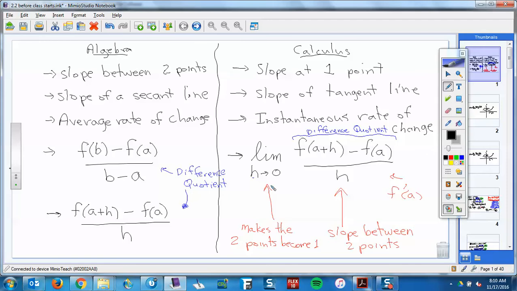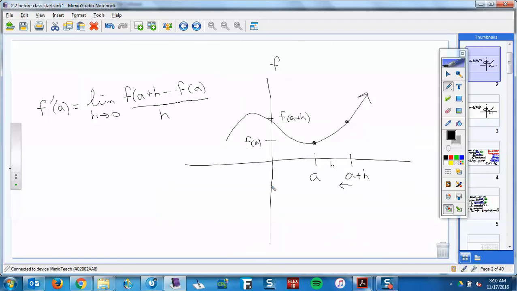All right, so here's the picture we had yesterday. So this is just a picture of the 2 points becoming 1. But if you want to open to your notes here real quick, I've got something here that wouldn't be a bad thing for you to write down in your notes. So this is the picture. You may have drawn this in your notes yesterday, but this is just a picture of how we would get the slope at this 1 point right here.